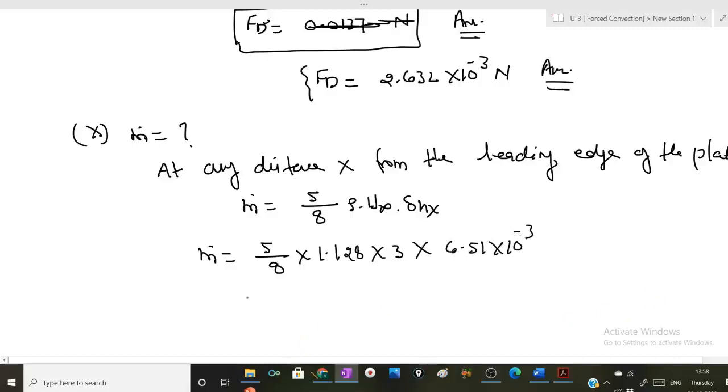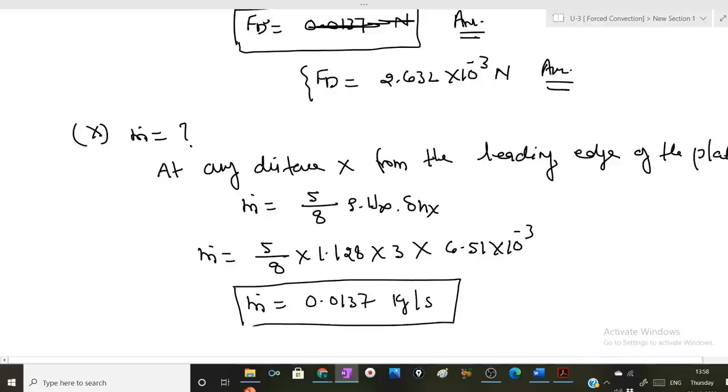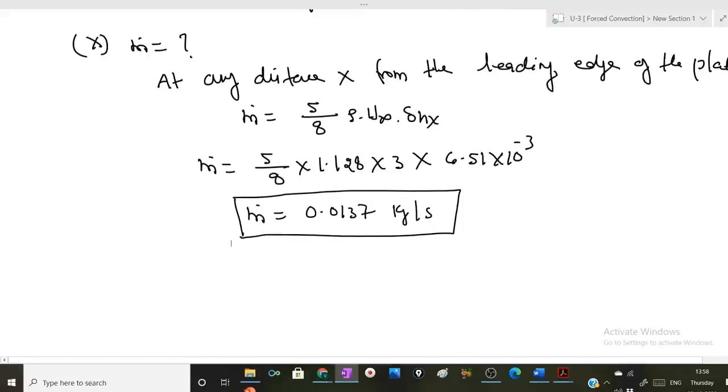I have to match the units. So mass flow rate comes out 0.0137 kg per second. So this way you can solve such problems.